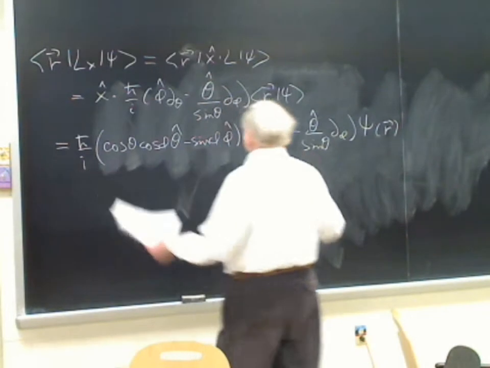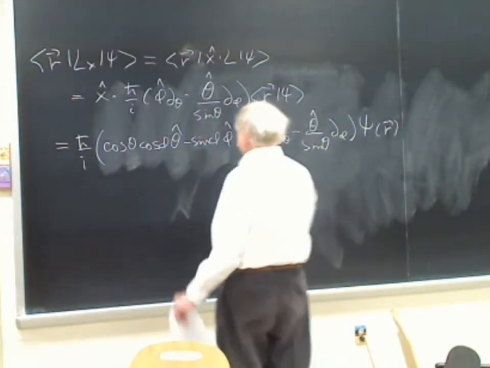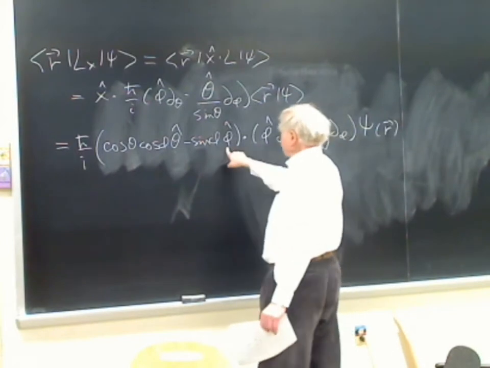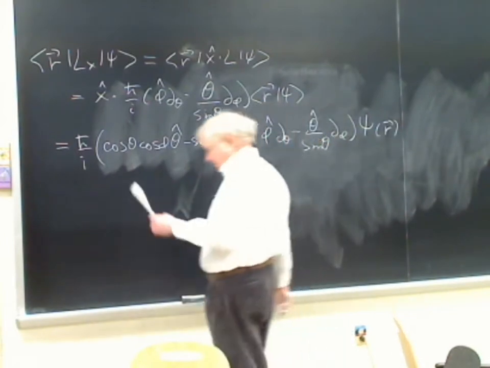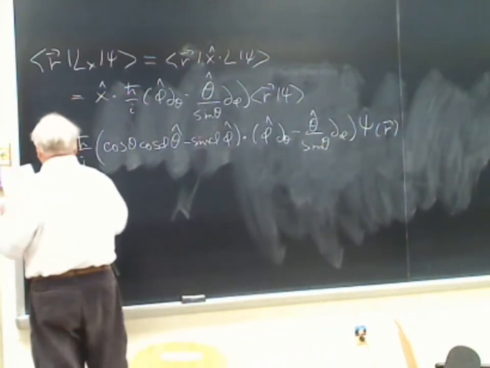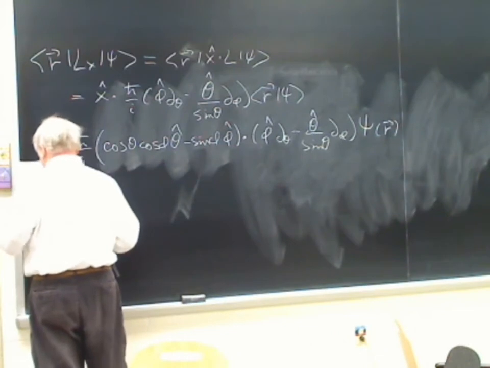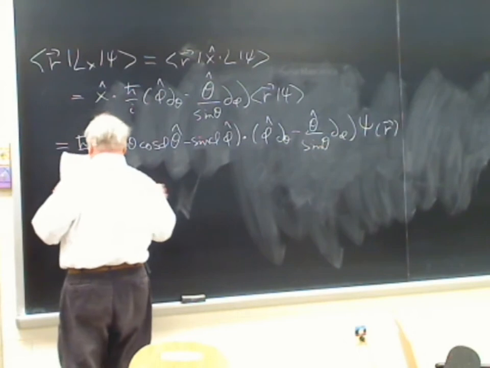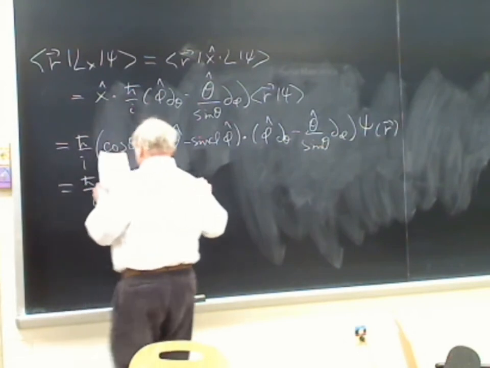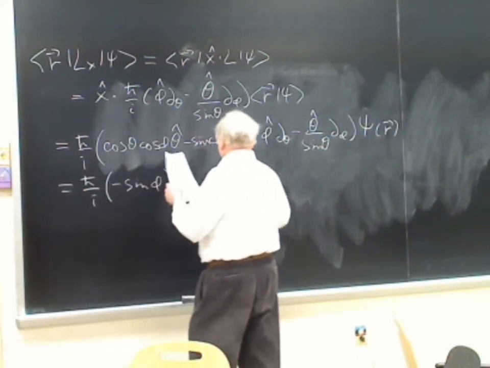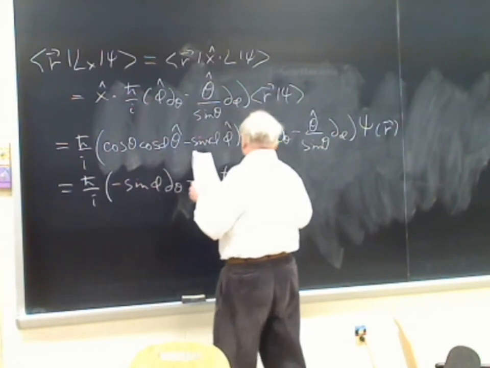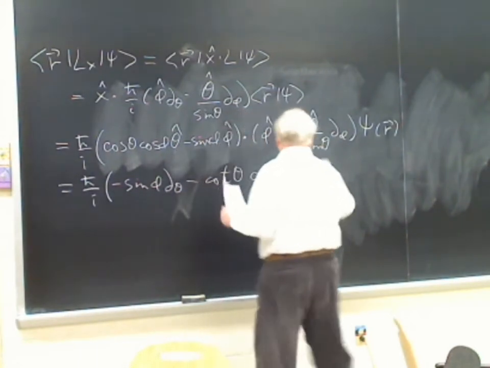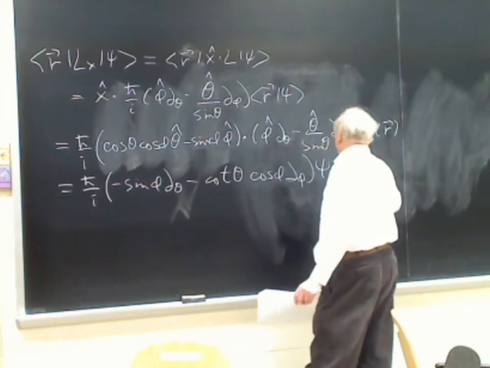And now we're just taking this dot product, and so theta hat gives a non-zero component here, and these two give a non-zero component. The rest of it's zero, and so this is just h bar over i, minus sine phi d theta minus cotangent theta cosine phi d phi times psi of r.